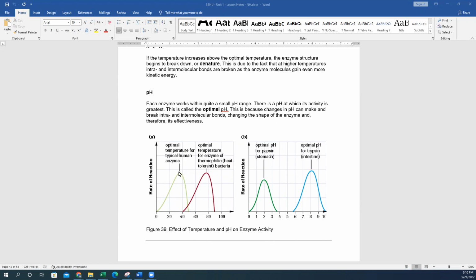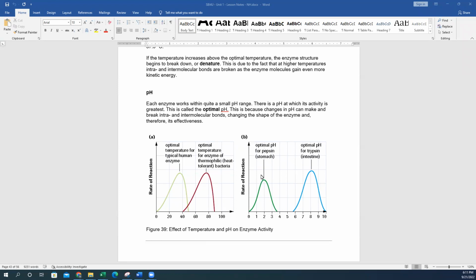If you increase the temperature beyond that point, the rate of reaction then rapidly drops. And this is true also for pH. There's an optimal pH where you have maximal rate of reaction, and beyond that pH, either below or above that optimal pH, you have a decrease in the rate of the catalysis for the reaction.